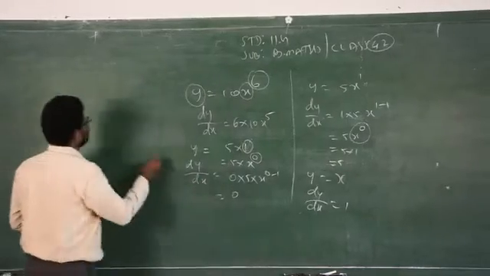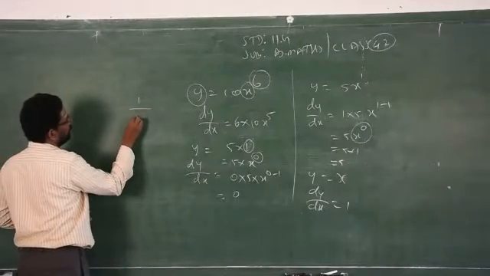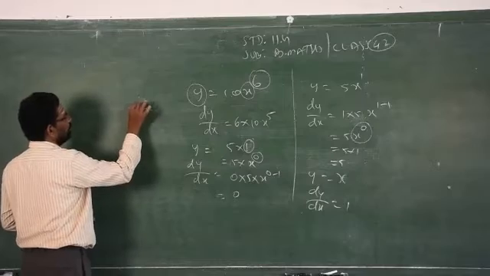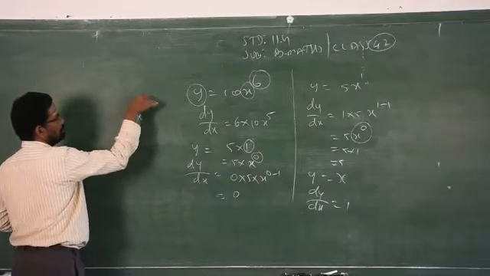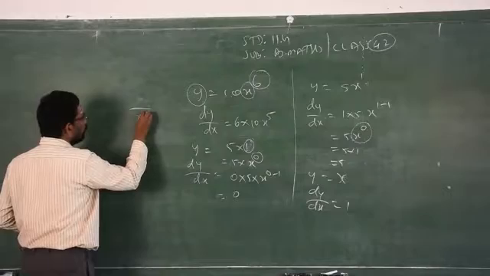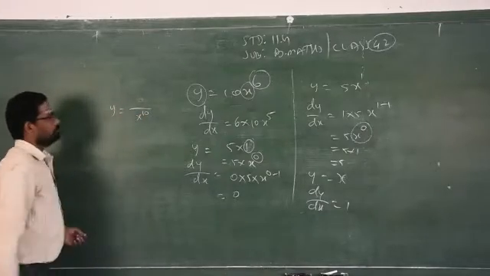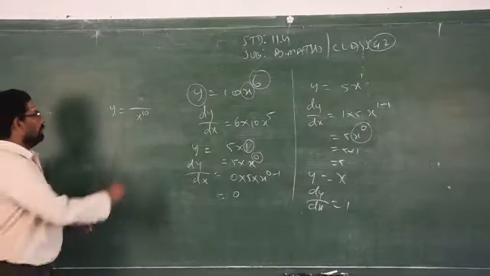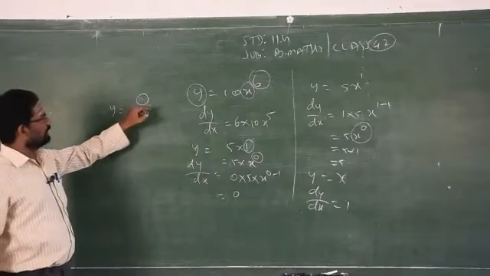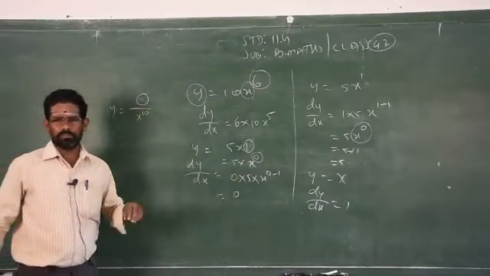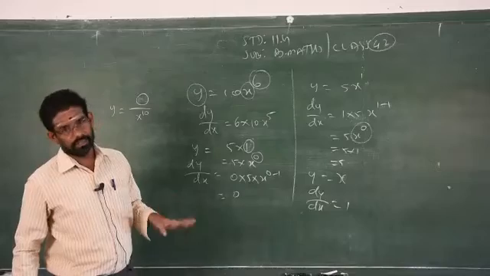Apart from this, we have 1 by x, whatever the number, just leave the numerator, with the variable only in the denominator. This is for an example. The numerator may be any number, any constant value or alphabets other than the x variable.